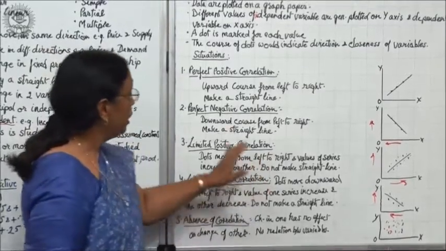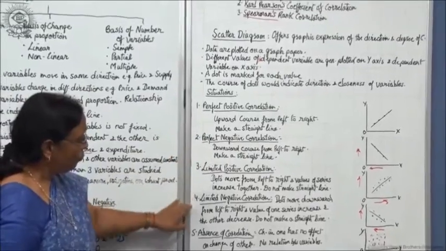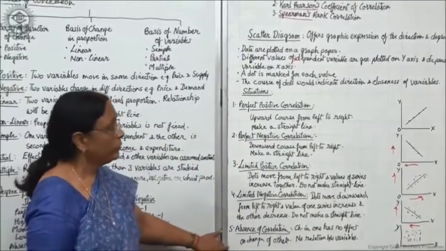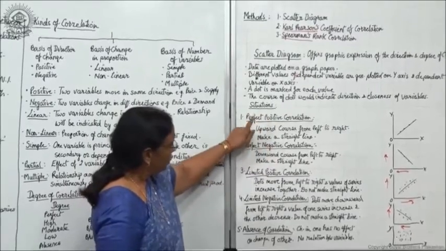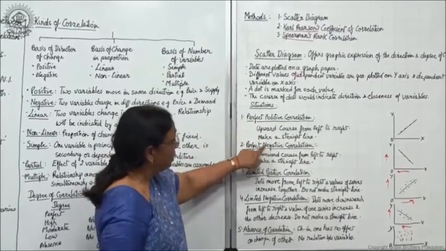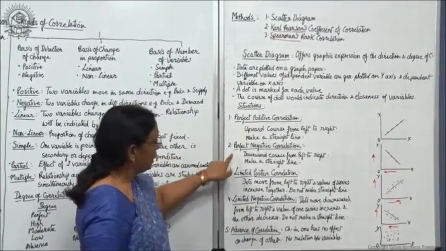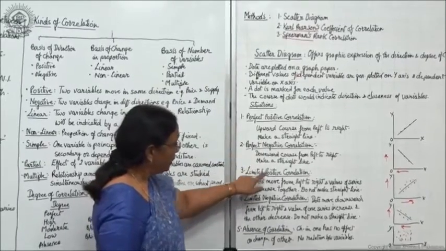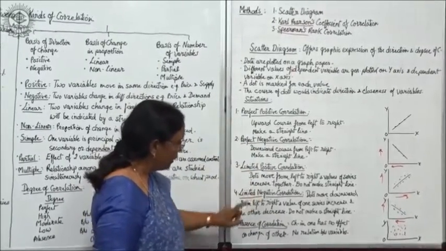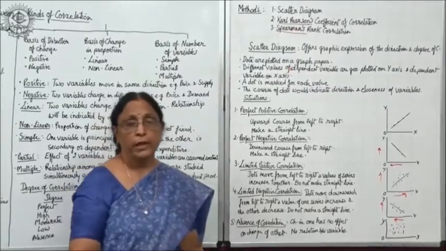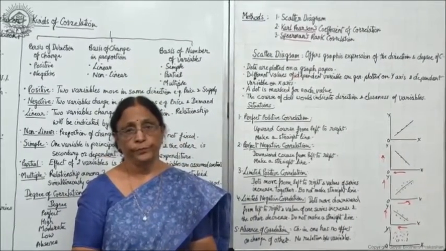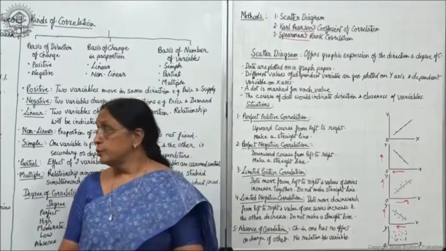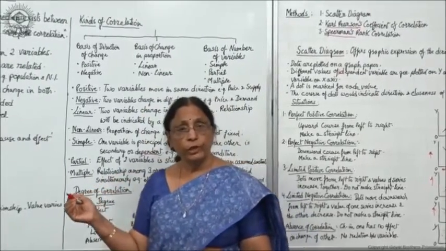So in this way we have 5 degrees of scatter diagram, on the basis of positive and negative values. It is perfect positive and perfect negative, limited positive and limited negative, and fifth one is absence of correlation or no correlation, right? So these are 5 degrees of correlation.